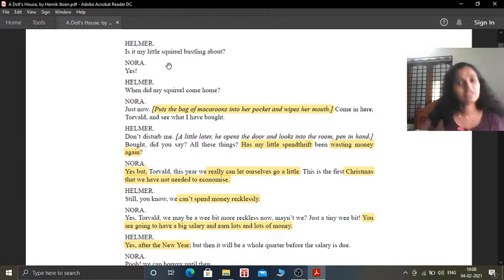She agrees that she knows the financial situation of the family, and she's saying, yes, I agree with what you are saying, but remember, I'm not spending money recklessly, and moreover, your salary is going to be high. We are going to earn much more, which means that at least this year we can spend a little more money.